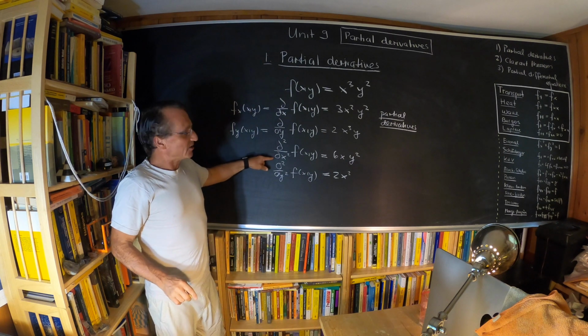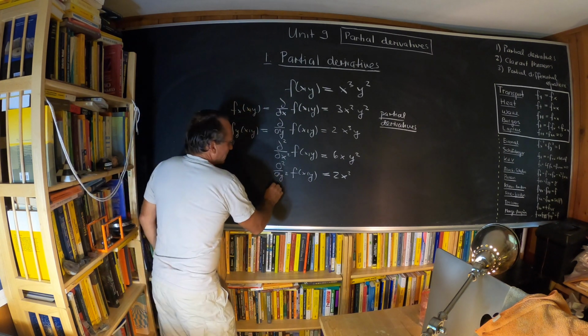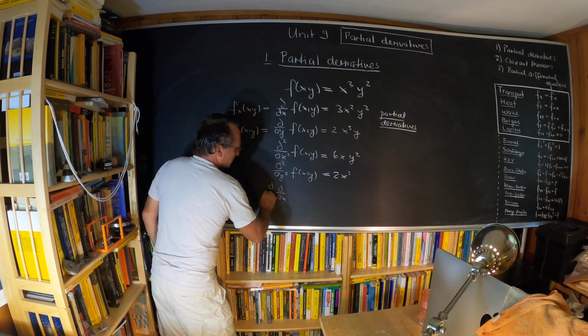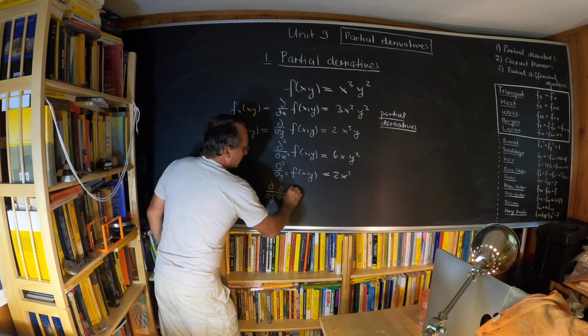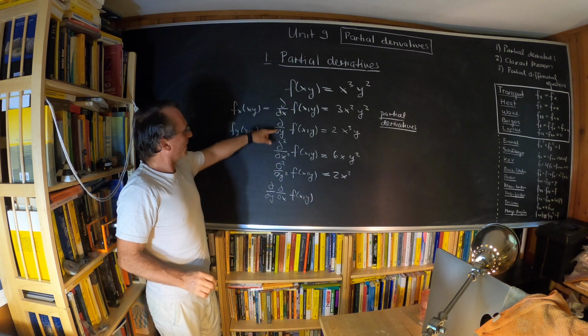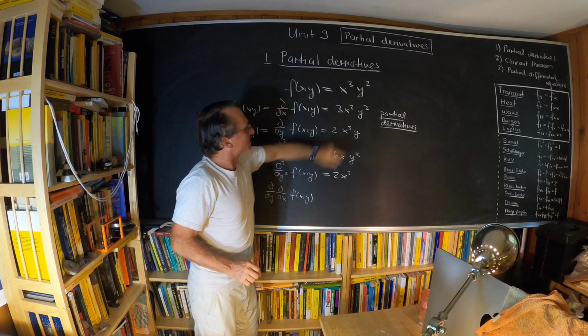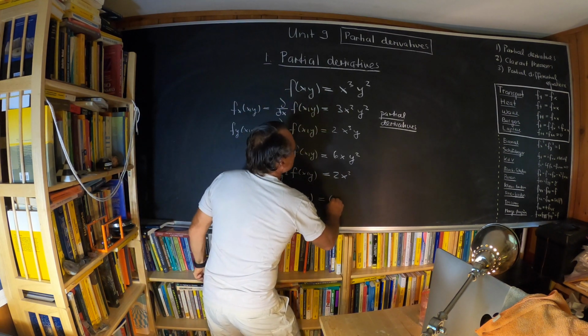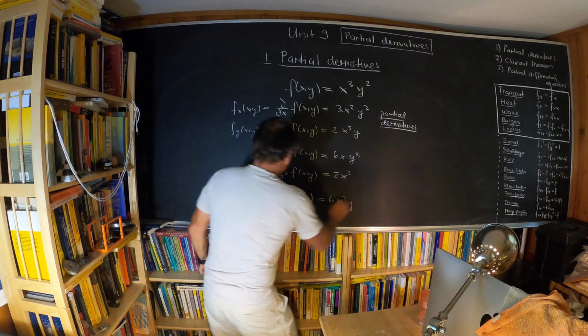We can also differentiate with respect to x and y. So first differentiate with respect to x, and then with respect to y, f_xy. So we have already computed the derivative with respect to x. Now we can differentiate with respect to y, and we get 6x squared y.